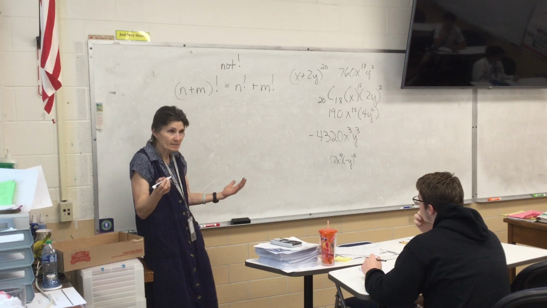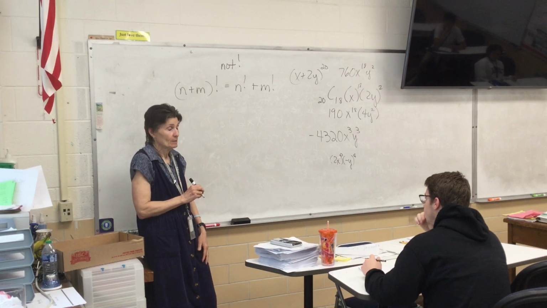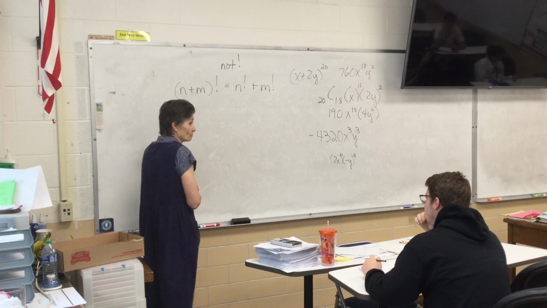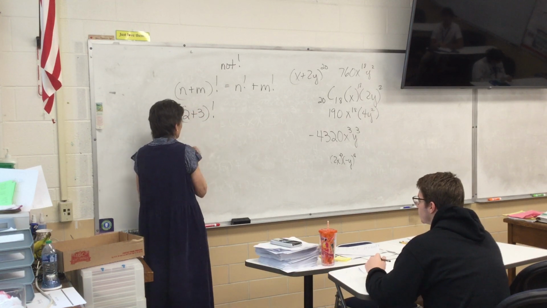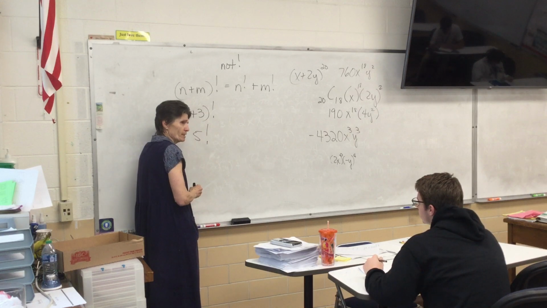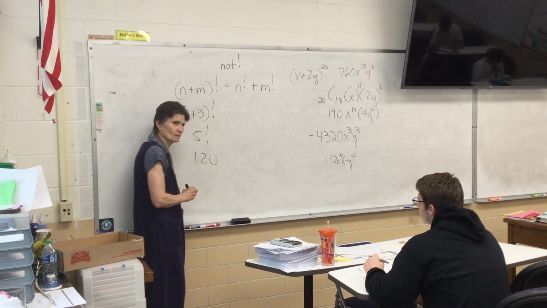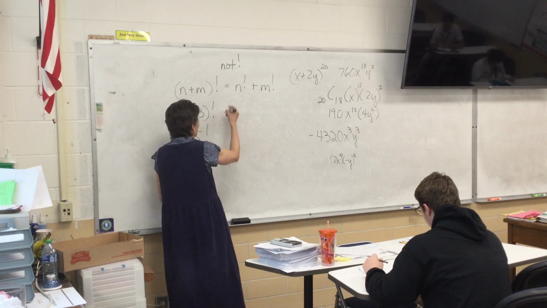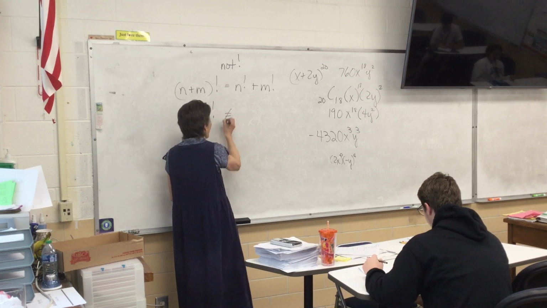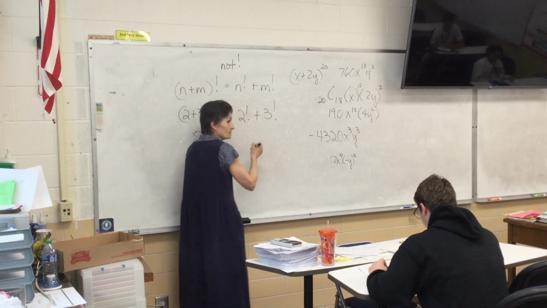Now, a counterexample is nothing except plug some numbers in and show that it doesn't work. So I don't know, what numbers do you want to use? 2 and 3. So 2 plus 3 factorial would be 5 factorial, which is 120, I think. Now, we're showing that that is not equal to 2 factorial plus 3 factorial.